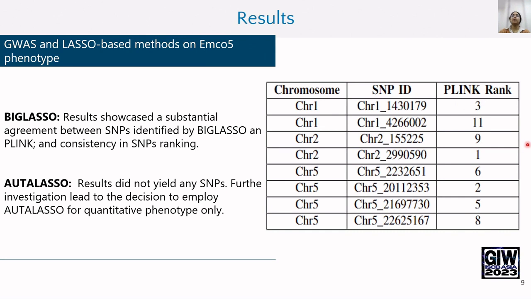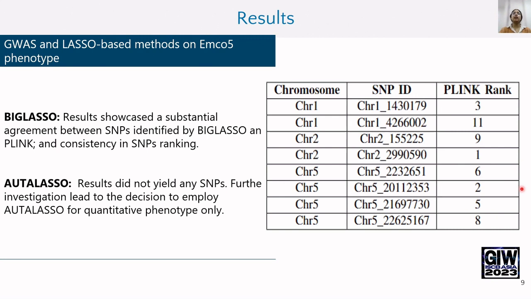For MCO5, the table showed the output SNPs from Big Lasso and their ranking in Blink. We can see that many are also top ranked in Blink, indicative of small p-values. This alignment emphasizes a high confidence level in associating these SNPs with a studied trait, strengthening the reliability of both models.